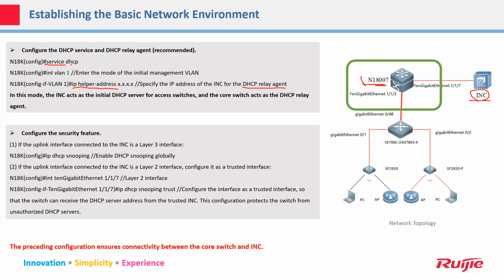After enabling DHCP and DHCP relay, since DHCP itself is not a secure protocol, we should enable DHCP snooping, and configure the DHCP snooping trust interface. The interface on the core switch which is connected with the INC is the DHCP snooping trust port.